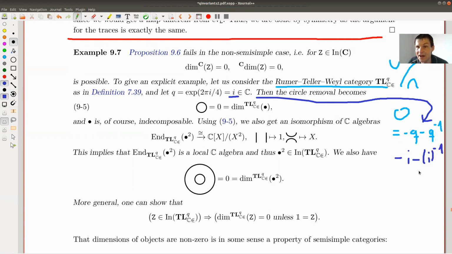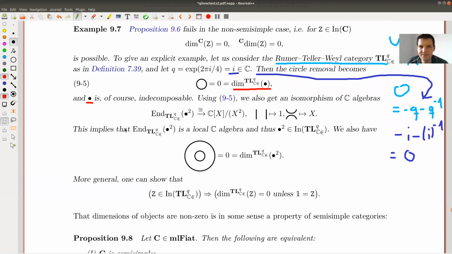And if you believe me, this calculation, then this is actually 0. So the circle value is already 0. And this is the dimension of the indecomposable object, which is just a dot. So you already found an indecomposable object with dimension 0.